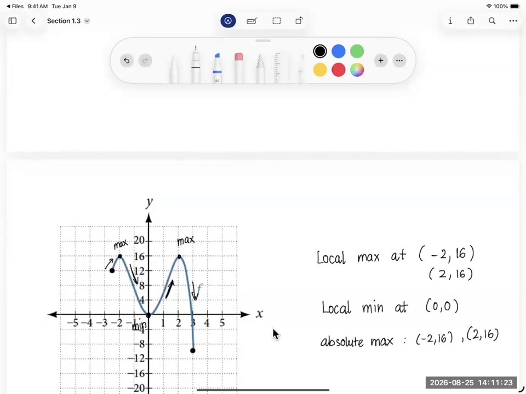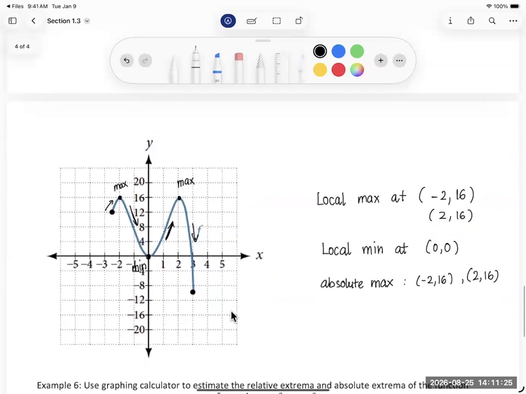How about the absolute min? Can I call 0, 0 an absolute min? The answer will be no, because at 0, 0, we still have some other value that's lower than 0, 0. That value is right here.